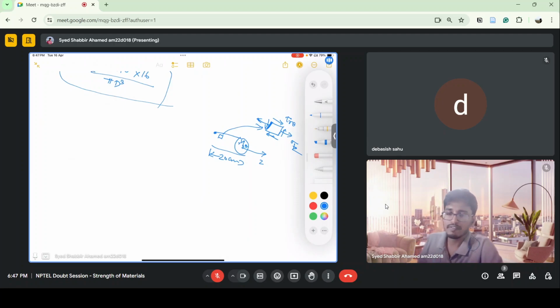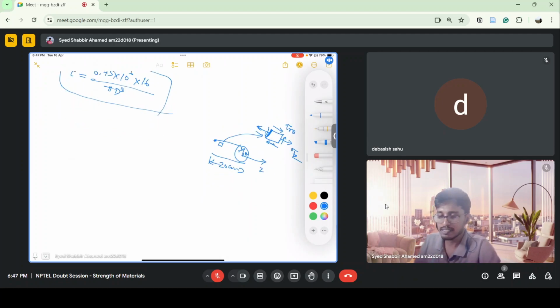Now I have to get the principal stresses. The principal stresses sigma 1, sigma 2 can be given by sigma xx plus sigma yy by 2, right?